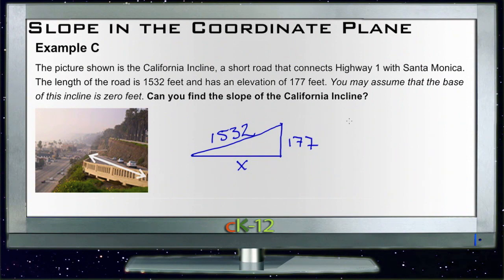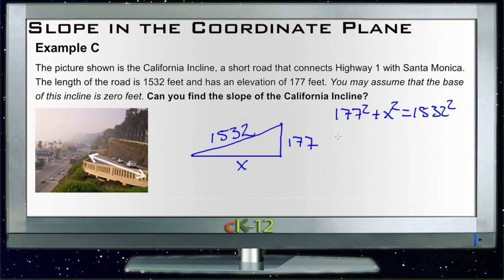The Pythagorean theorem tells us that a squared plus b squared is c squared. So that would be 177 squared plus x squared equals 1532 squared.